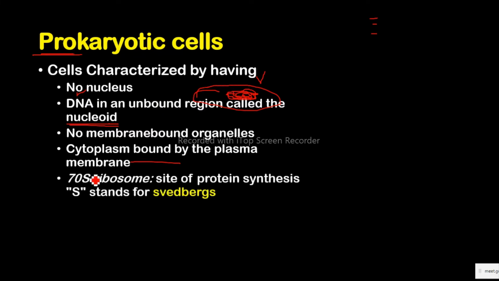The 70S, I talked about this. Yes, they do have ribosomes, but the ribosomes sediment at this speed in a centrifuge, and so these ribosomes are referred to as 70S. For eukaryotic cells, they have 80S.